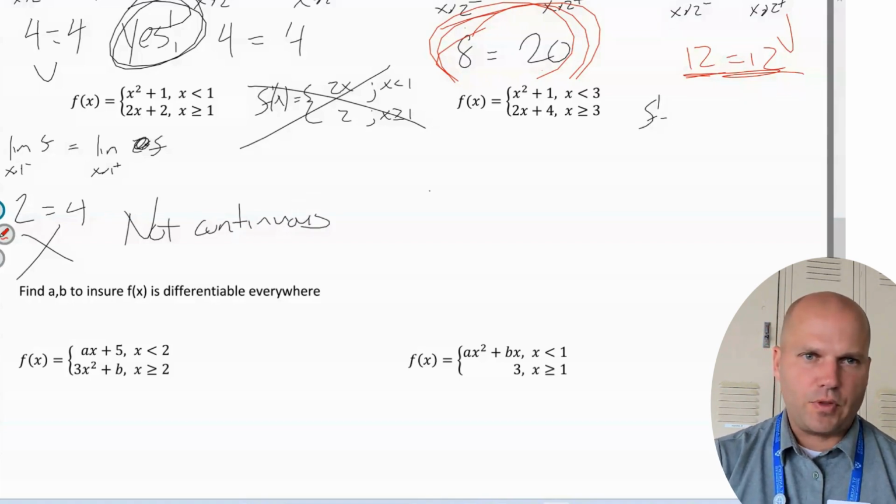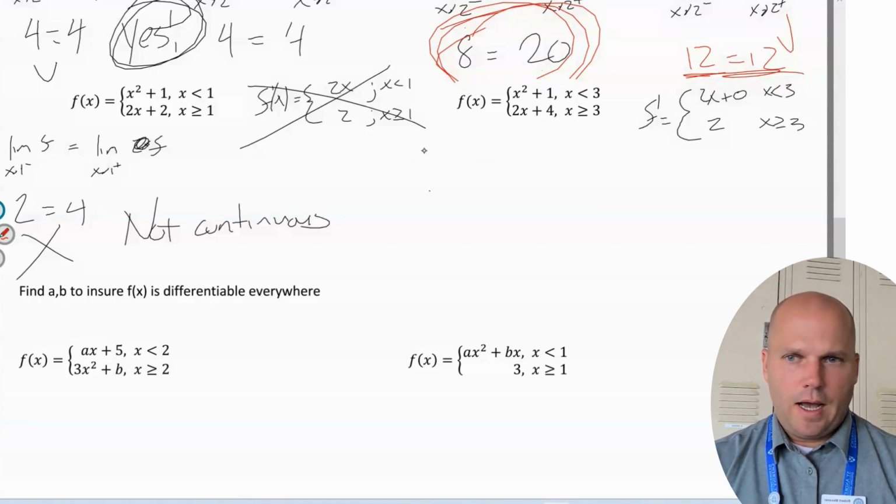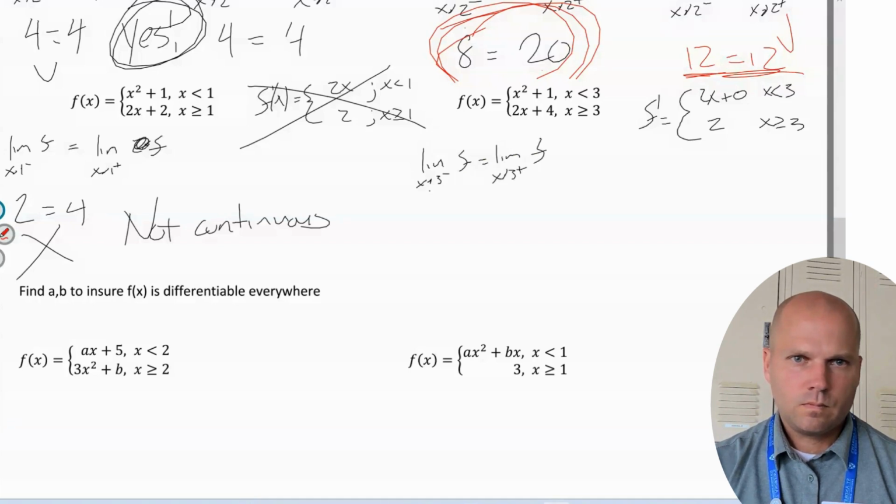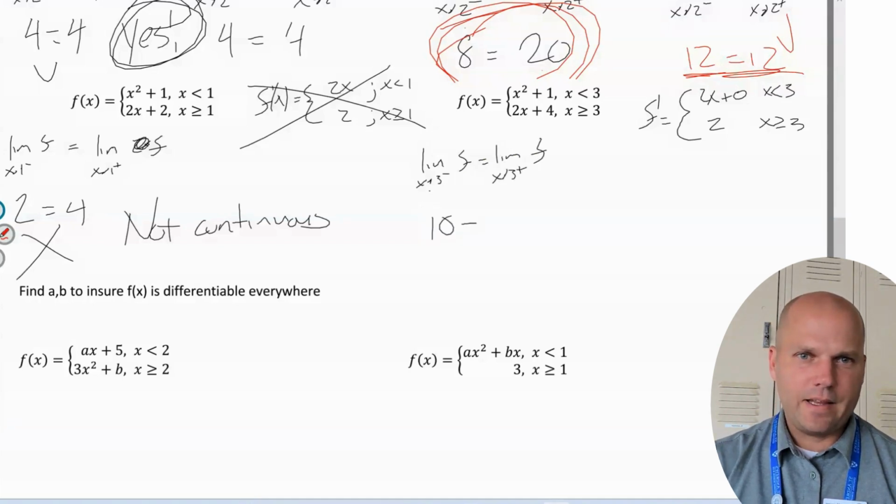All right, let's come up with a slope equation. We would use 2x plus 0 for x is less than 3. We'd use 2 for x is bigger than or equal to 3. I will check the continuity part. I get 10 equals 10. Check.